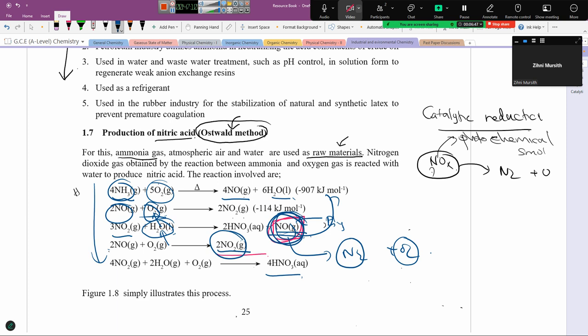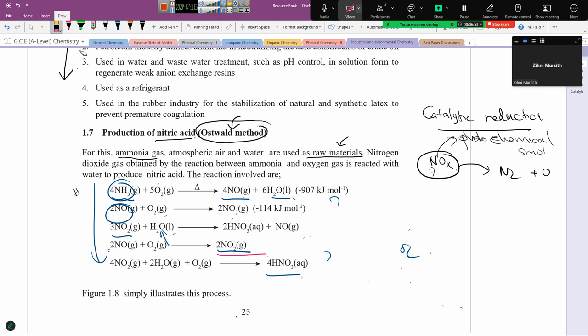This NO gas is a byproduct. Can you understand that? The byproduct is recycled by oxidizing with oxygen, and NO2 gas is obtained. If you get NO2 gas, it can be dissolved in water to produce HNO3, right? So you should remember all these things.